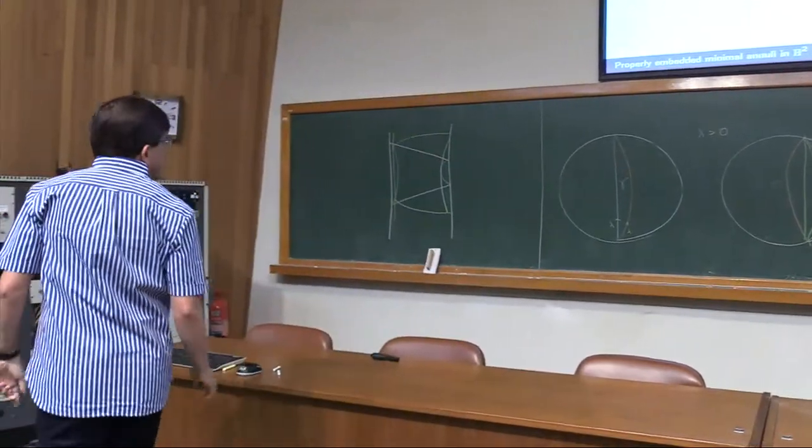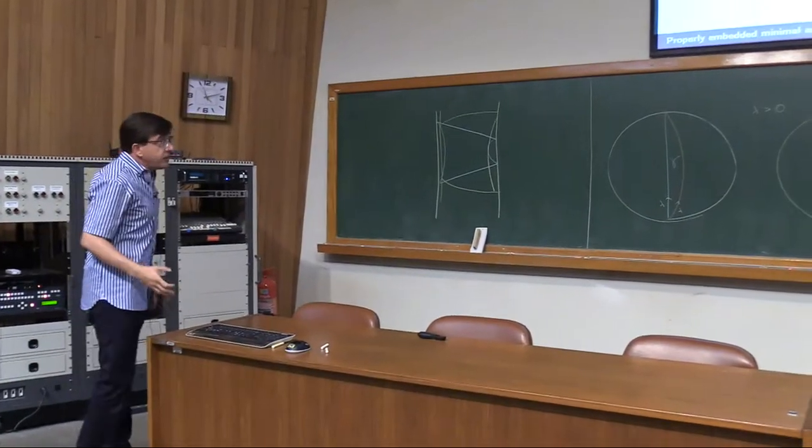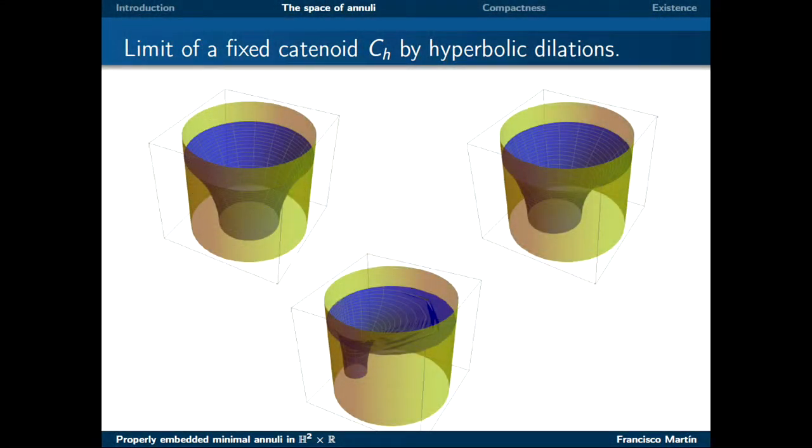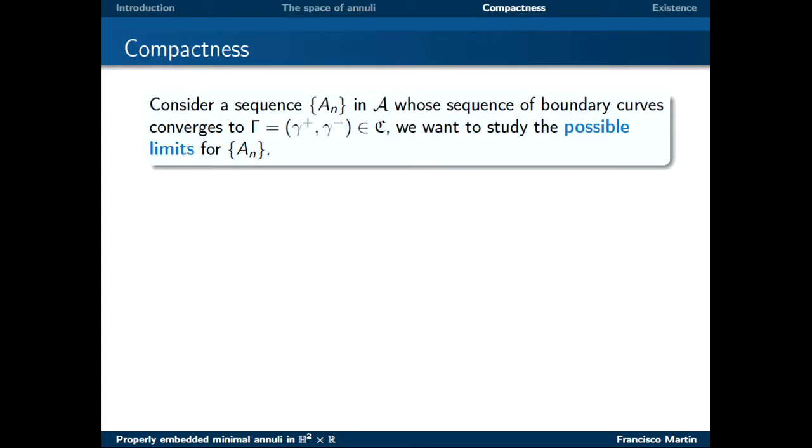Because of the effect of these dilations, when you horizontally dilate the catenoid, the neck in the end converges to a vertical segment joining the two circumferences. Okay, so what can we expect? The question then is, under what assumptions can we expect compactness in the space of annuli?